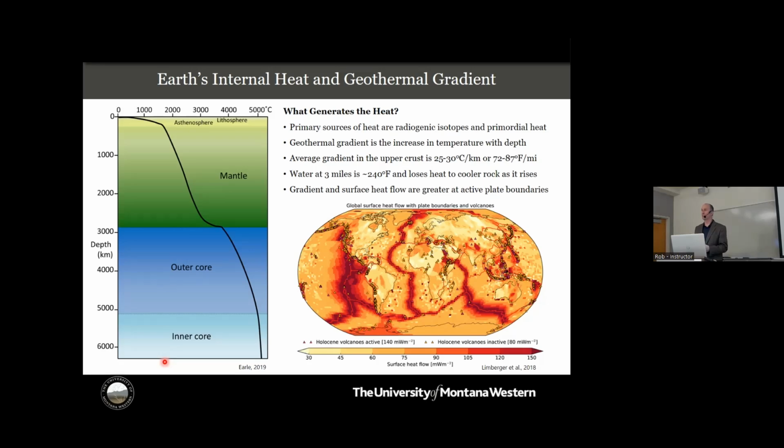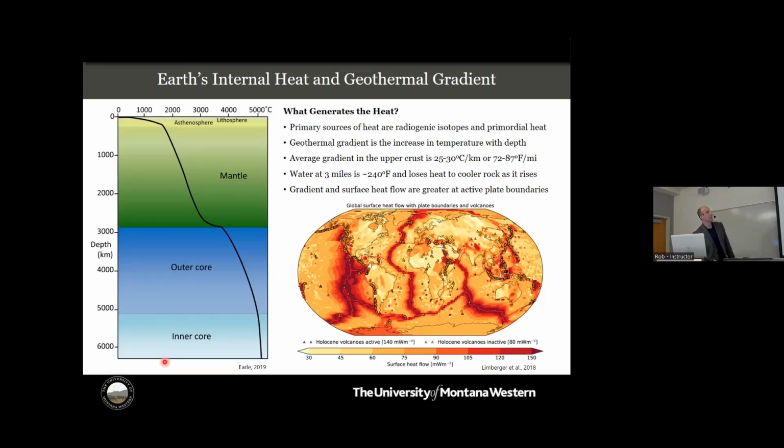And that's what Kelvin messed up. Kelvin didn't understand radiogenic isotopes and the addition of that heat into the system, which makes the Earth hotter than it would be if it were just primordial heat cooling off to the present. Everybody good? All right.